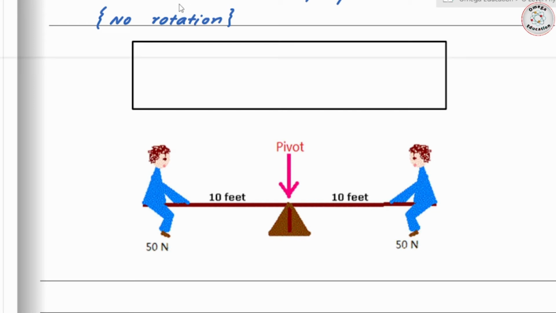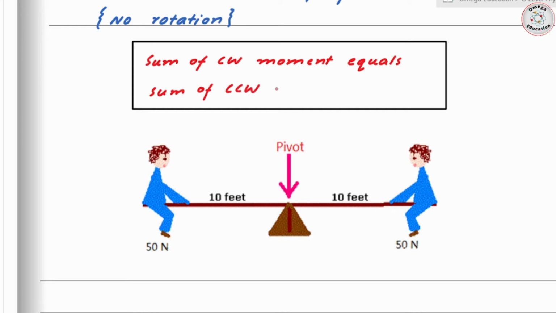It can also be written as: sum of clockwise moments should equal sum of counterclockwise moments, or anti-clockwise moments.